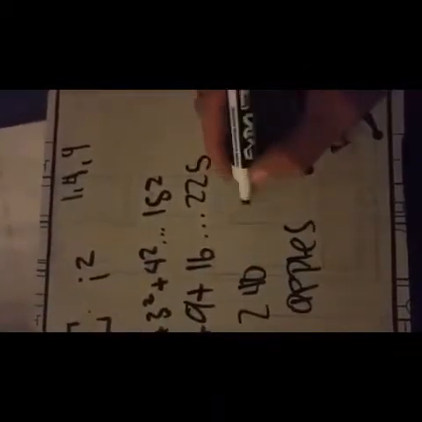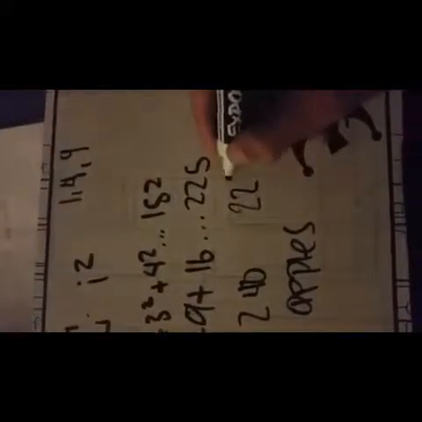Now we can still use this formula to figure out basically anything. So let's say we want to figure out how many apples are in the 225th row. We'll just do your i, which will be 225.